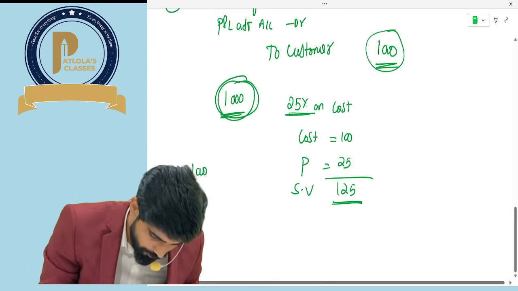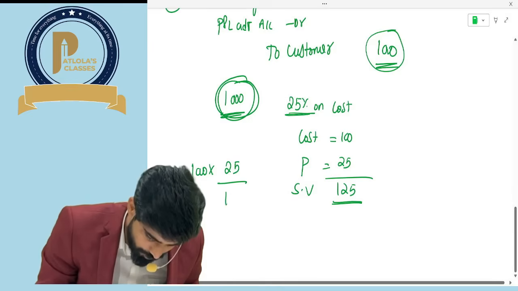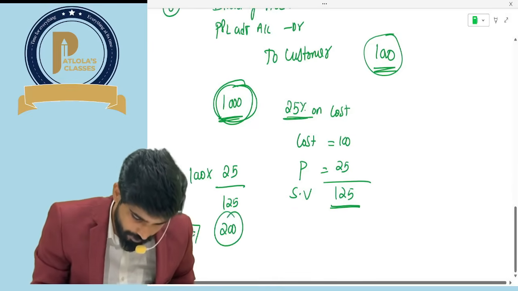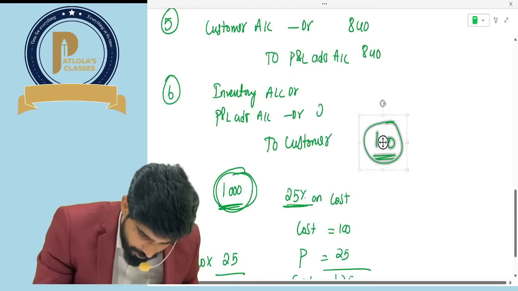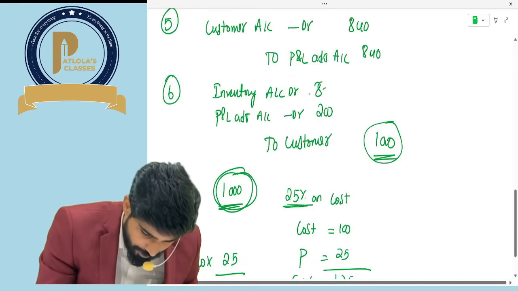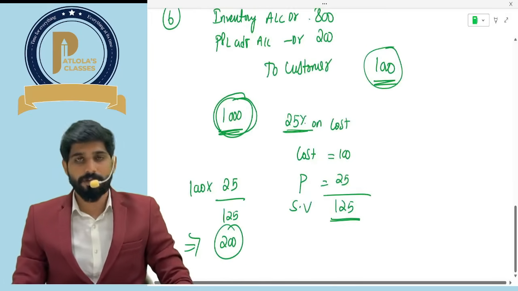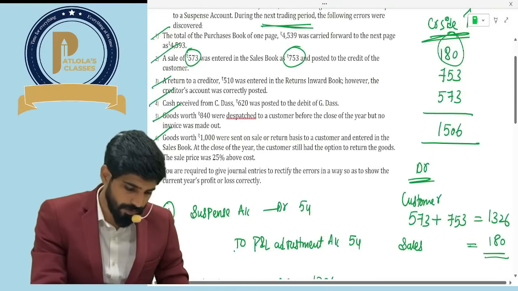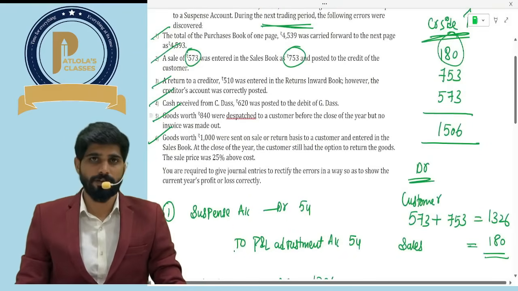On 1000, we need to apply 25 by 125, which will be equal to 200. Okay, so the profit element will be 200 and the inventory element will be 800. So this becomes a rectification entry for the last one. Hope this tricky question everyone has understood.